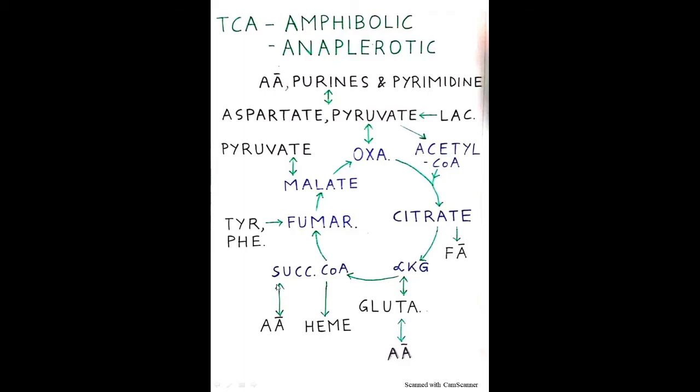So whenever an intermediate of Krebs cycle is removed for some purpose, that gap is filled by something else. So this is the anaplerotic role of Krebs cycle. So I am not going into details. You should remember this flow diagram.